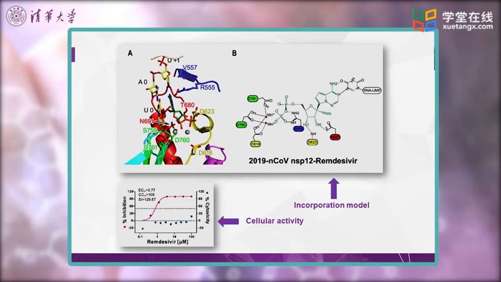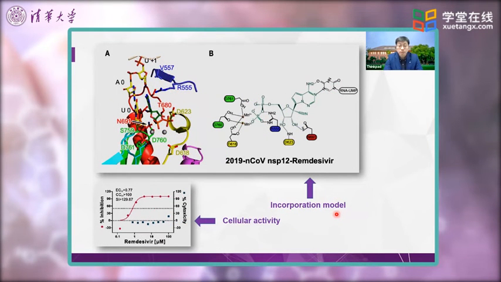This cartoon shows the incorporation model between the RNA polymerase of the novel coronavirus and the drug remdesivir. As you can see, here is the diphosphate structure. They have hydrogen bonding interactions with the amino acid residues from the novel coronavirus polymerase.